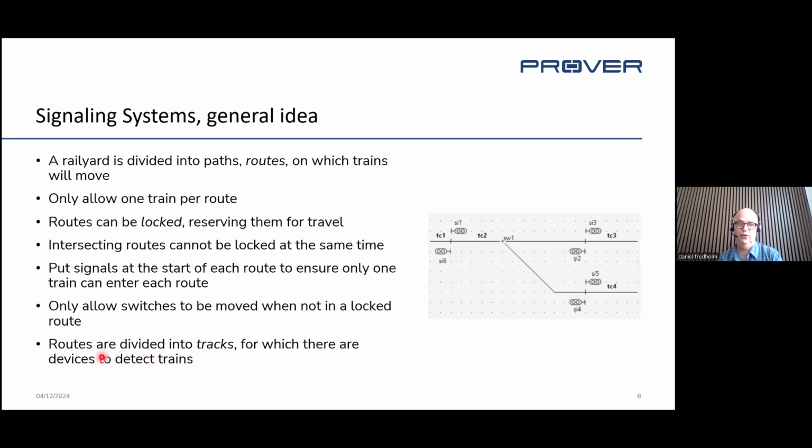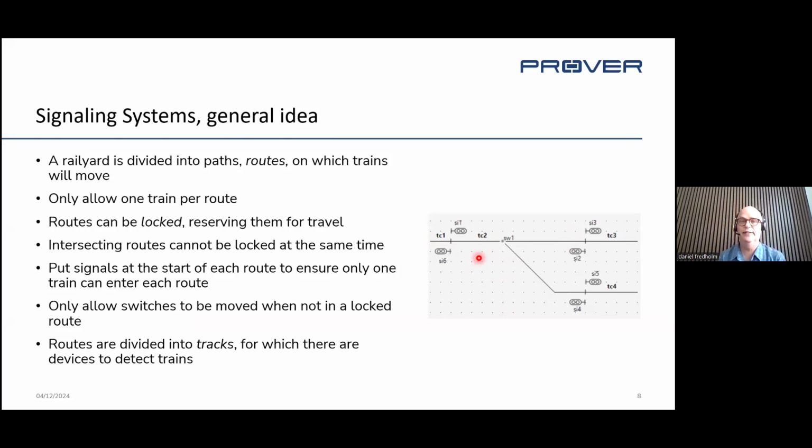And lastly, we also divide the routes, or the rail yard, however you want to see it. It's also divided into tracks. This TC1, TC2, TC3, TC4 in the picture. And for each of those tracks, there is some kind of device for detecting whether there's a train there or not.